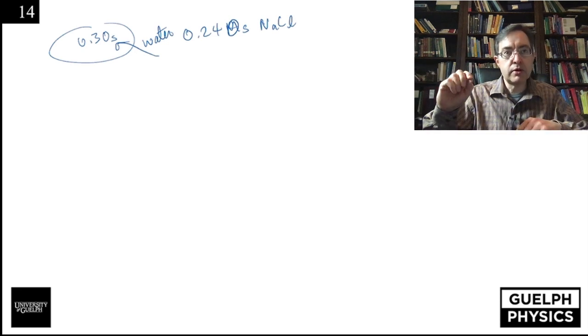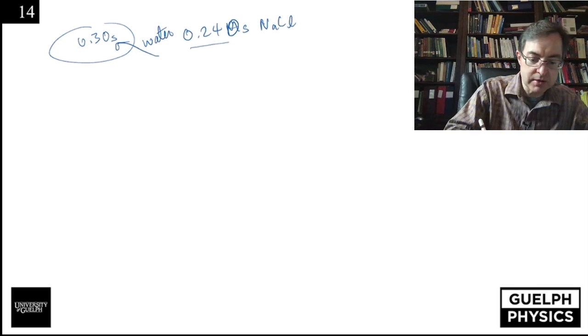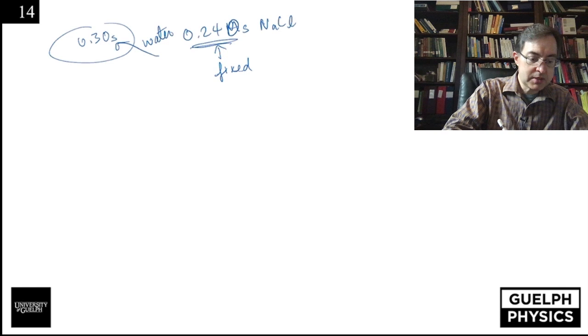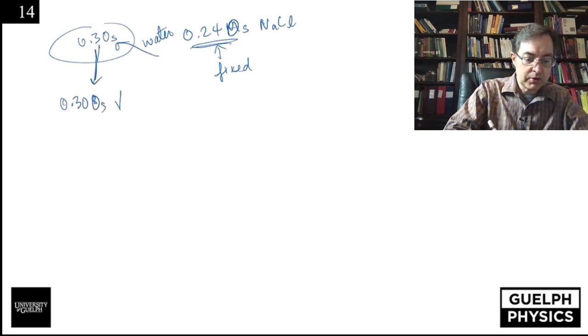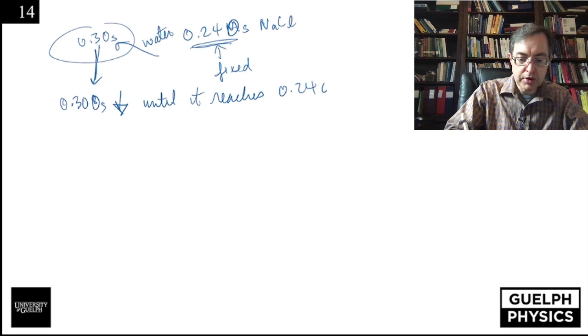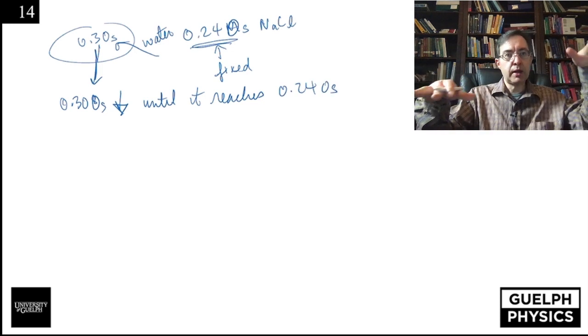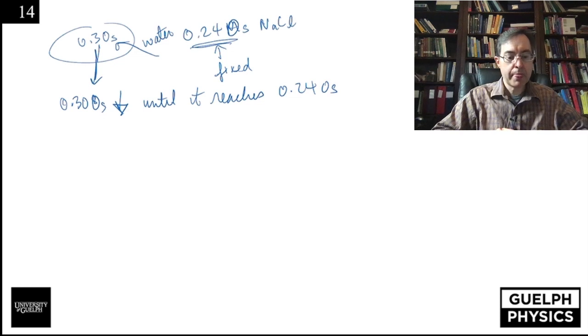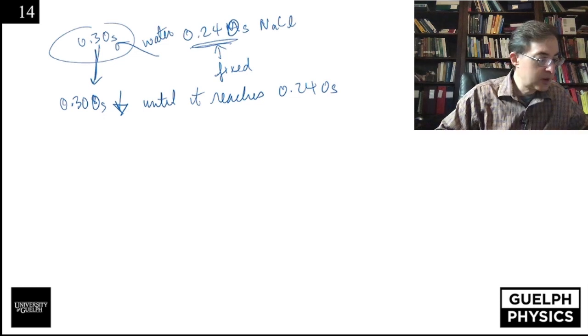And so the flow of water into the cell doesn't actually change the concentration outside the cell. So this is fixed, even as the water flows into the cell. And so what happens is the 0.3 osmolar inside the cell drops until it reaches the 0.24 osmolar outside. And then when the osmolarities inside and outside the cell are the same, the water flow stops, okay?